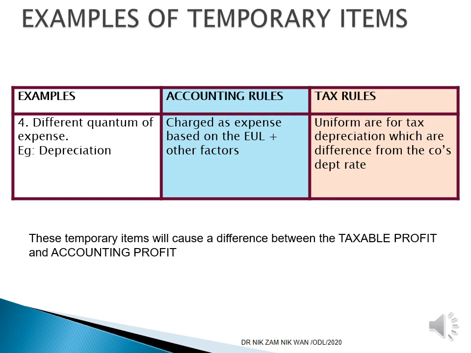So we can see that according to accounting rules, depreciation charge will be different from company to company depending on their estimation. However, according to tax rule, they have a uniform or standard calculation for depreciation, which is different from the company depreciation rate. So you need to adjust for this depreciation and also capital allowance according to tax rules.